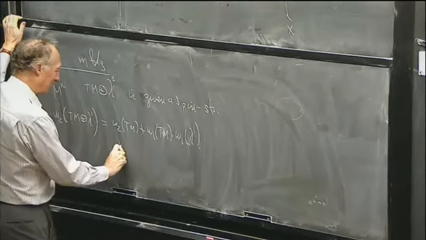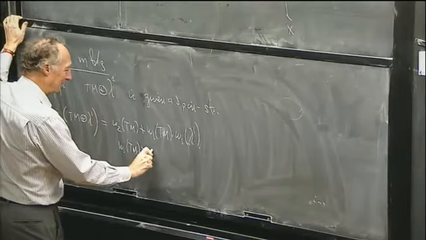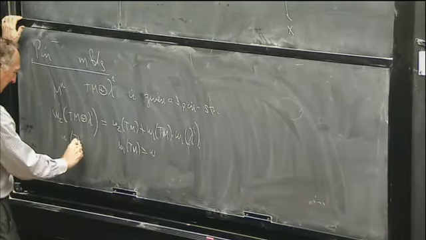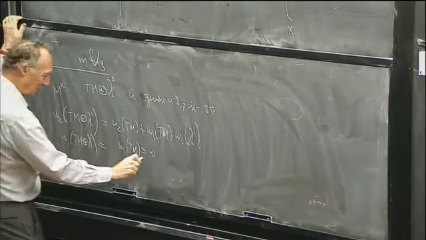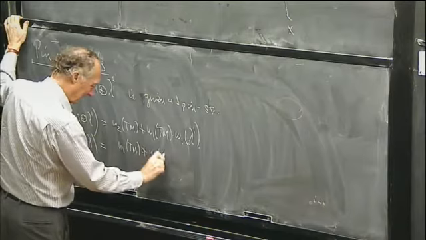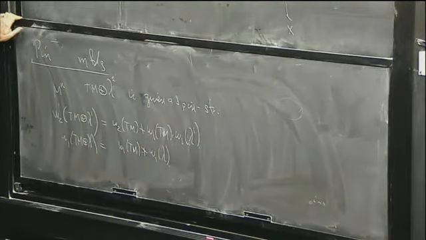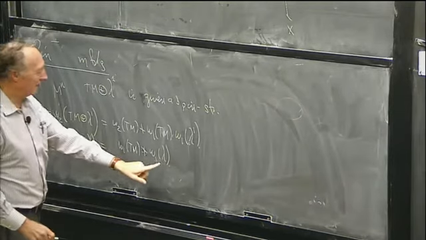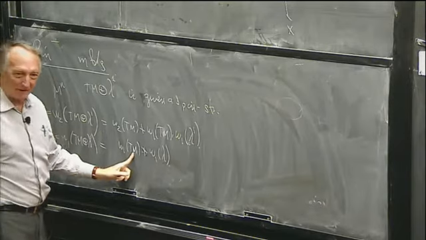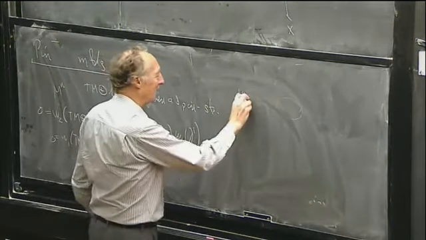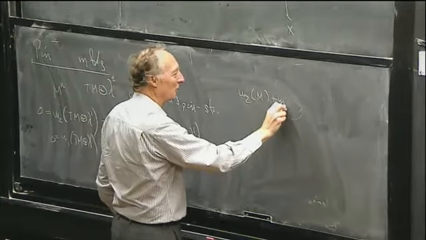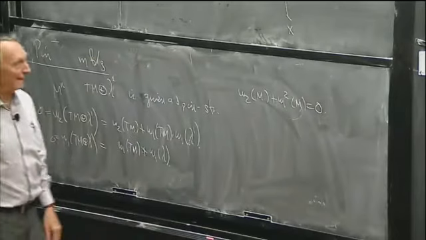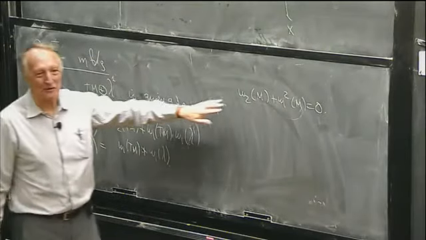And W1 of the tangent bundle plus the line bundle is W1 of M plus W1 of lambda. Well, spin structure says this is 0 and this is 0. So we see that lambda is, in fact, the determinant line bundle of M. And this tells us W2 of M plus W1 squared of M equals 0. So this is the obstruction. Okay? For pin plus, the obstruction is W2 equals 0.